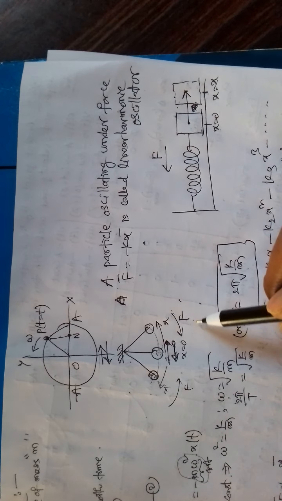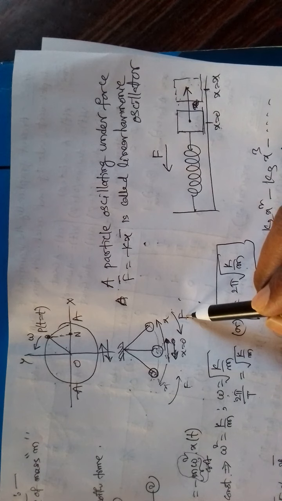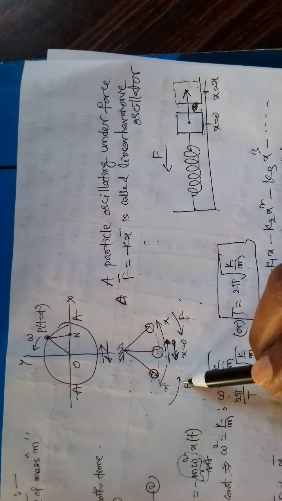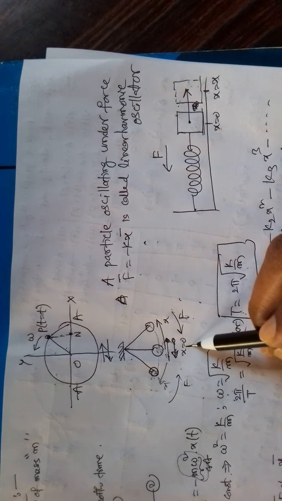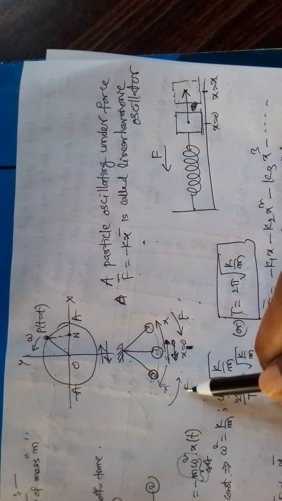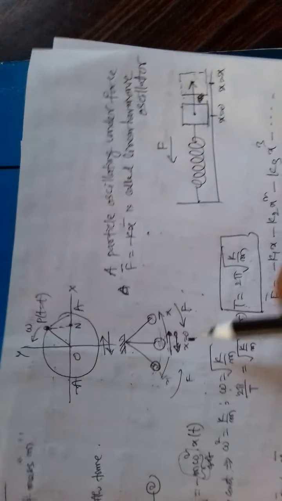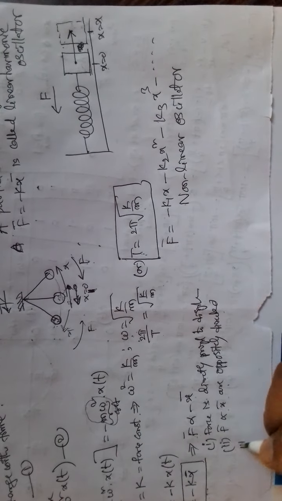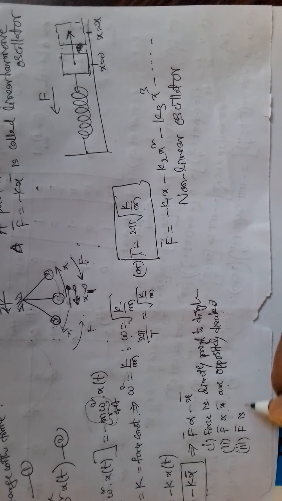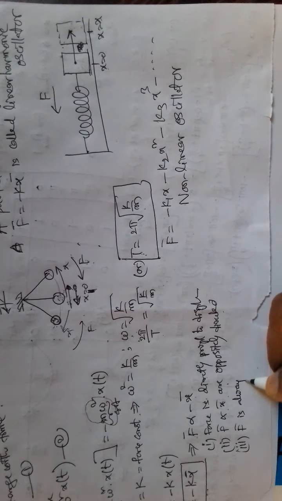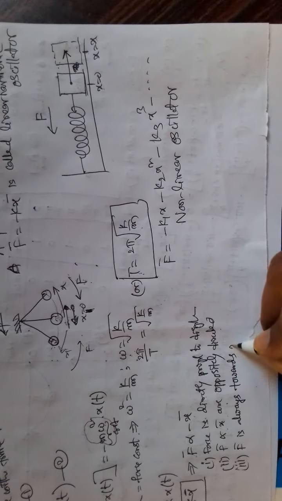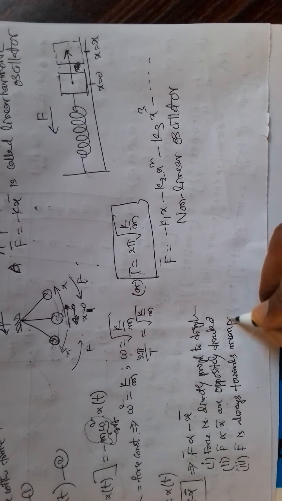Now if you consider the force direction, see here and here the force direction is towards the mean position. So in simple harmonic motion, force is always towards the mean position.